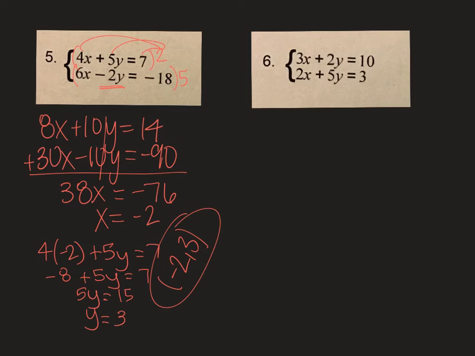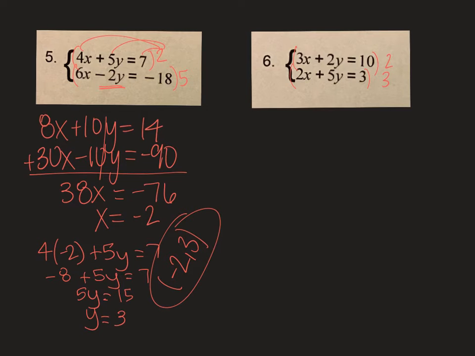Now, in cases like number 6, 3x plus 2y equals 10, 2x plus 5y equals 3, we don't have any variables where they're already the same number or they're already opposite signs. So it really doesn't matter which one you choose. I would pick the x's to eliminate because the numbers are smaller. So we're going to multiply this top one by 2 and this bottom one by 3.